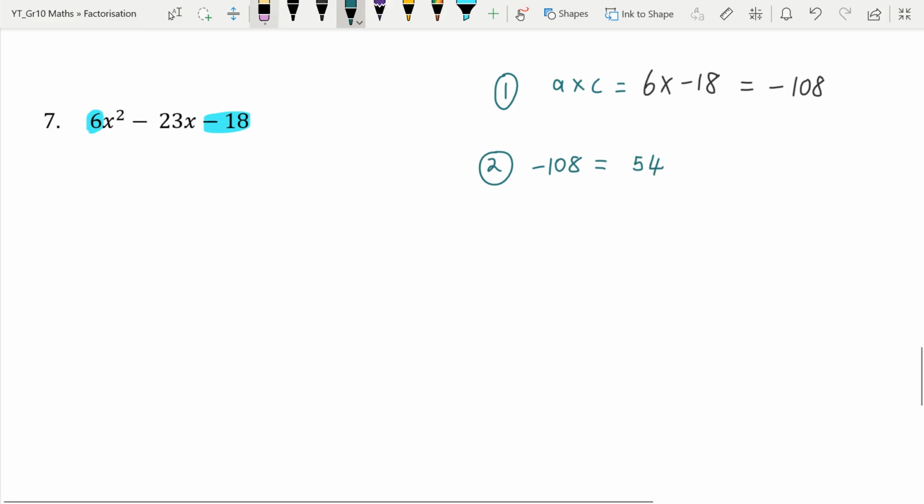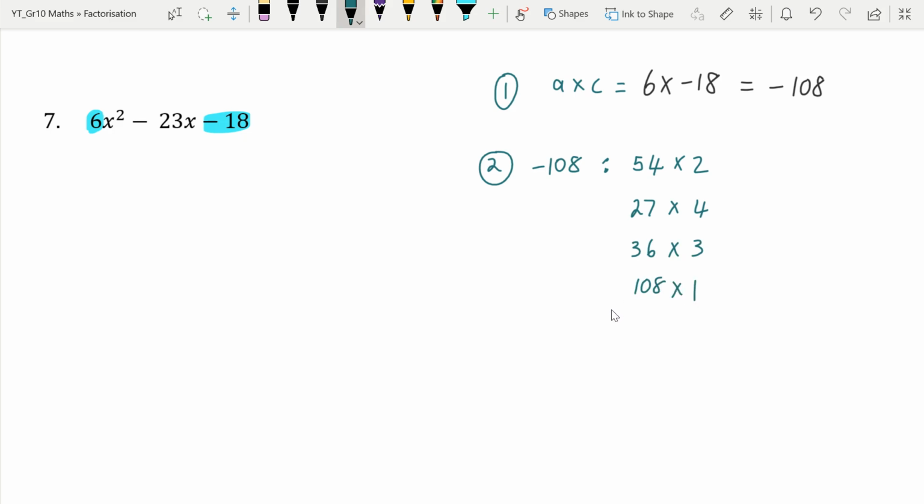So if we write 108 as its factors, it will be 54 times 2 and 27 times 4. What else is there? 36 times 3, obviously 108 times 1. Is there something that we're missing? I hope not. Let's see how far we get with those.